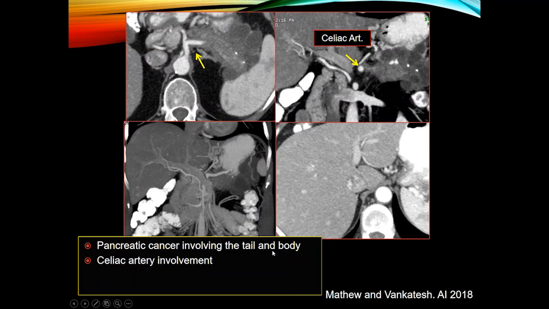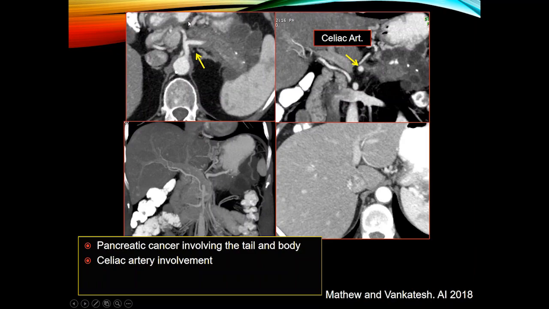Pancreas cancer staging also is very important, and to do so you really need to understand the vasculature, any variants, and to be able to observe vascular involvement. So this is just an example of a pancreatic body tail tumor that involves the splenic artery where there's circumferential involvement.